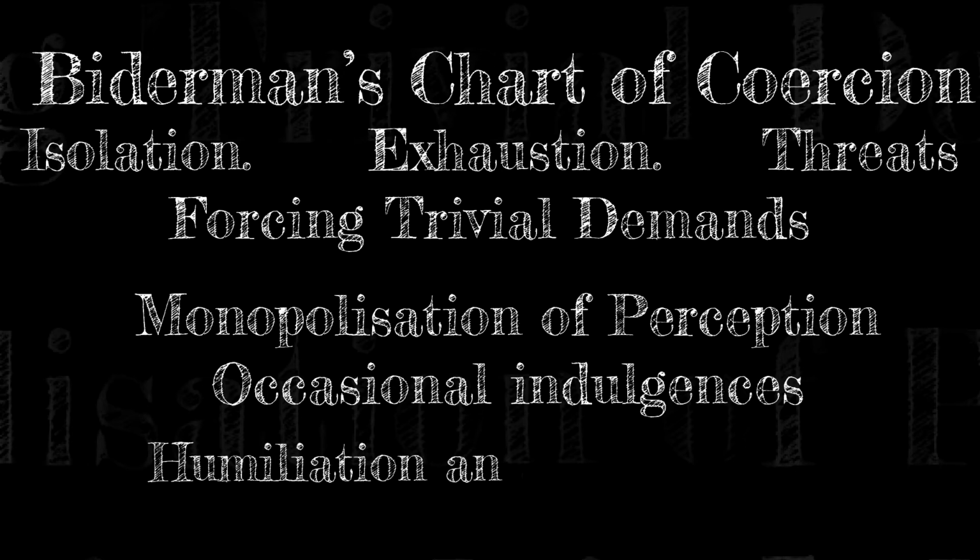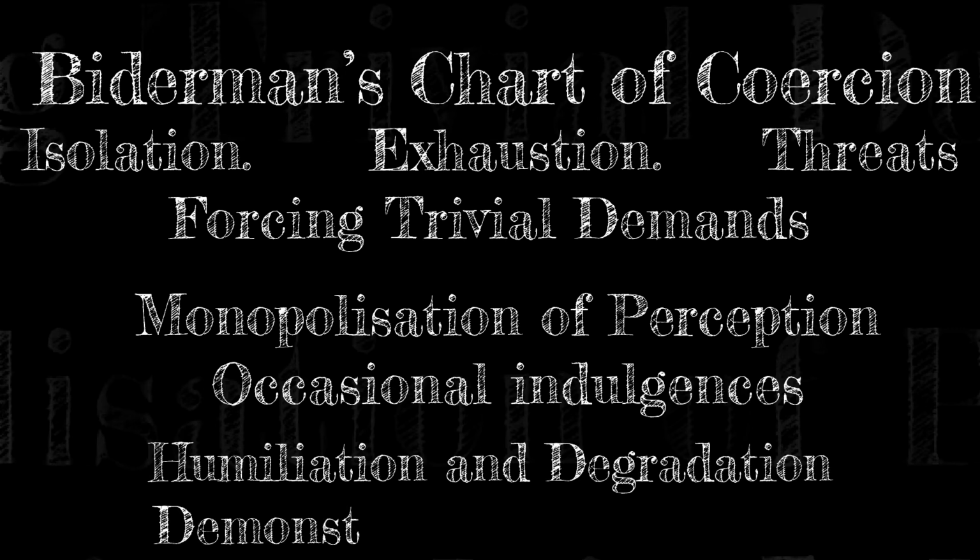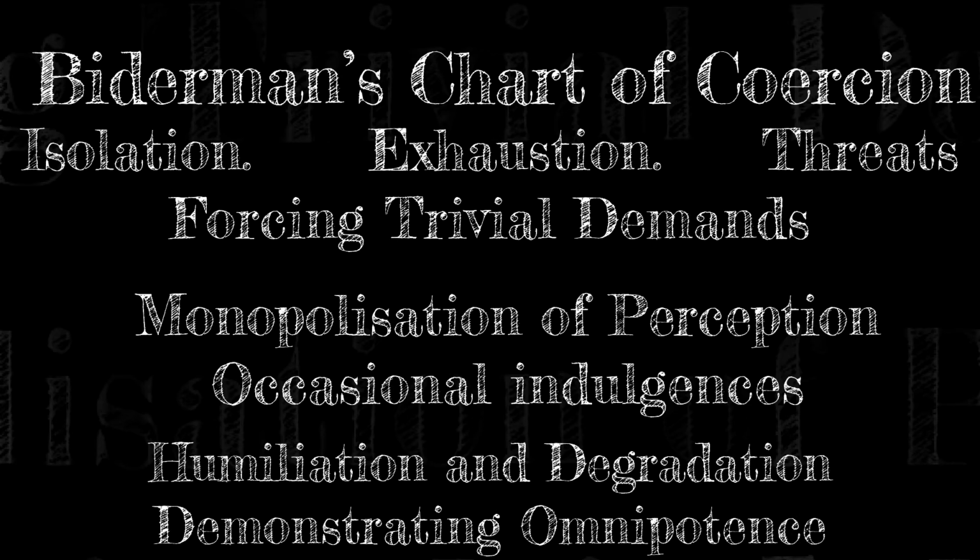And according to Wikipedia, the New York Times was the first to recognise that the methods were verbatim to those contained in Biderman's chart. Biderman's chart of coercion is also applied to domestic violence, with many noting that psychological methods used by abusive partners are nearly identical to that on the chart.